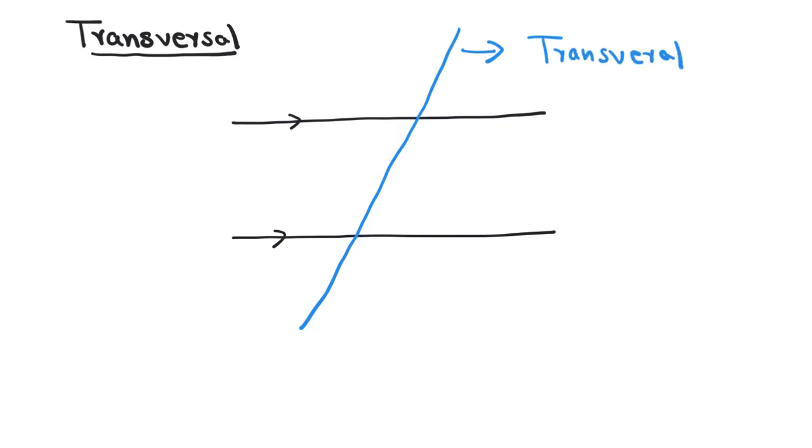Now if you observe, when the transversal intersects two parallel lines, 8 angles are formed. Let us see angle 1, angle 2, angle 3, angle 4, 5, 6, 7, 8.